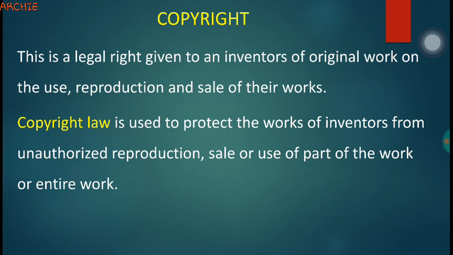This means that when someone creates something, either a movie, a book, a car, or any item, there's a law that protects the work of that person. So this law prevents others from making copies or selling of the same product.